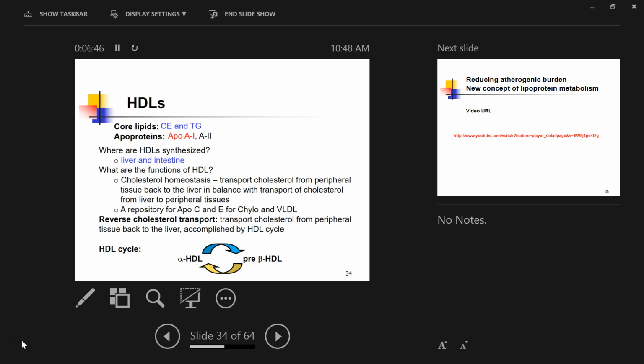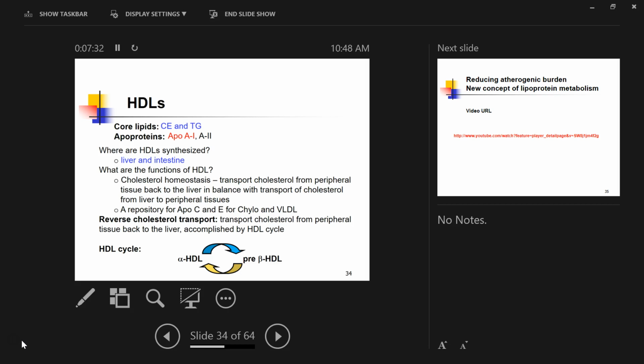We know in general it deals with cholesterol metabolism, but specifically, what does HDL do compared to LDL? These two lipoproteins do opposite functions. HDL transports cholesterol from peripheral tissue back to the liver for disposal, right? And LDL basically delivers cholesterol to the peripheral tissue, right?